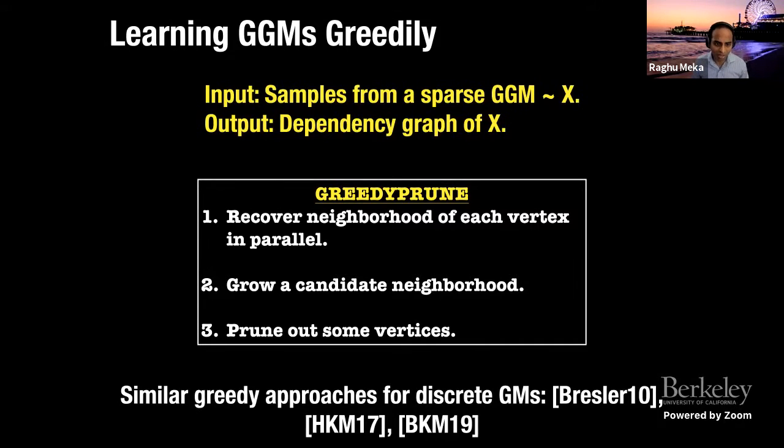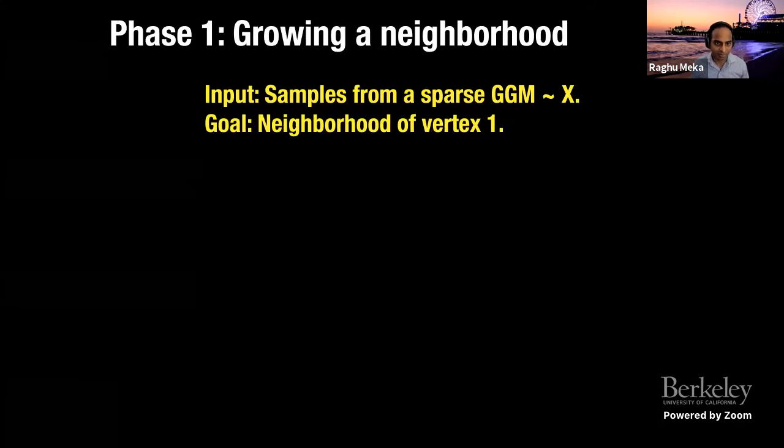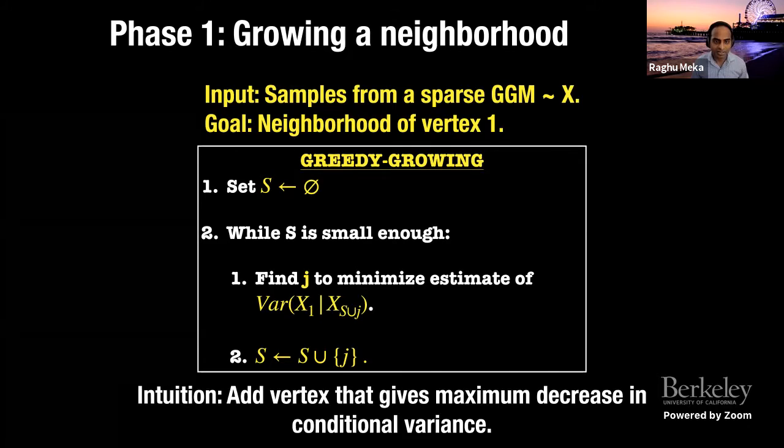So let's talk about how you do the second step. So how do we grow the neighborhood? So recall our input is a sample from a sparse GGM, and our output should be now we're focusing on designing a neighborhood for a single vertex, vertex 1. And the idea for us is the following.